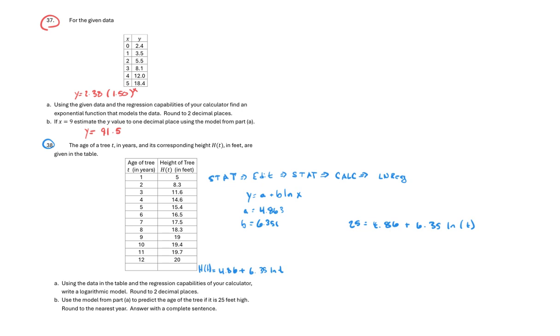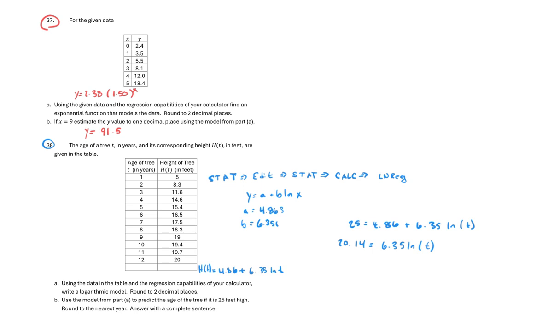We're not going to care too much about carrying out all our decimal places. We're just going to use purely this model here. So that'll be 20.14 equals 6.35 natural log of t.